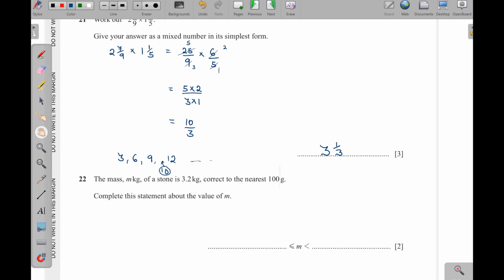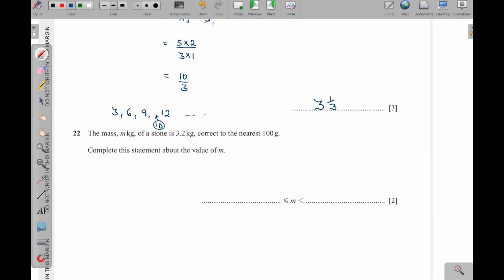And then next, 22. The mass m kilograms of a stone is 3.2 kilograms. Correct to the nearest 100 grams. So what do we have here? Now here we are given kilograms, but here they are giving you what? Grams. So let us first convert them to one thing. So 100 grams is equivalent to, first of all, you know that 1,000 grams are equivalent to 1 kilogram.